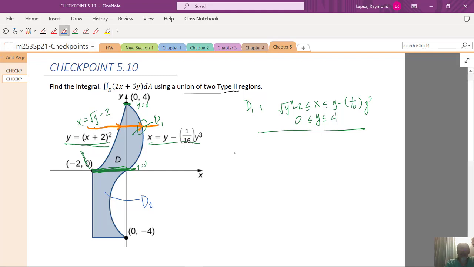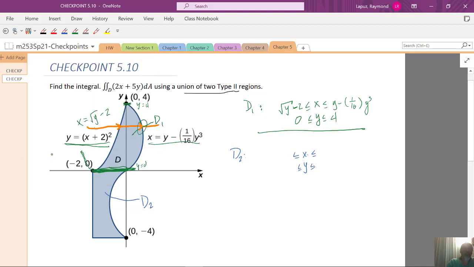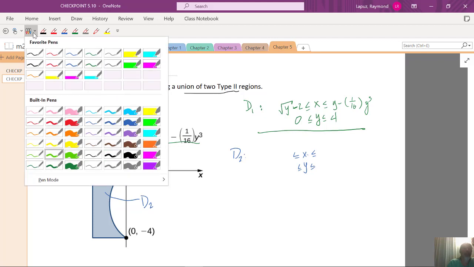Now let's work on D2, and we will approach it the same way. It's a type 2 region, and we're going to integrate with respect to x first, and we will draw a line parallel to the x-axis going into the region and out of that region.